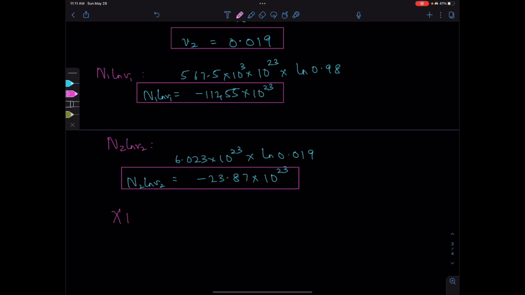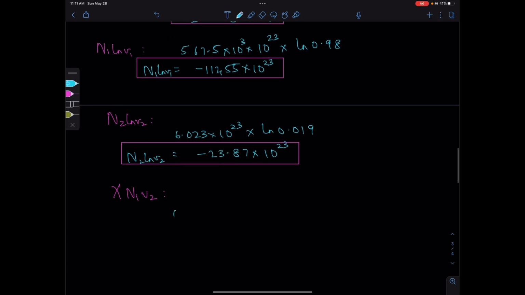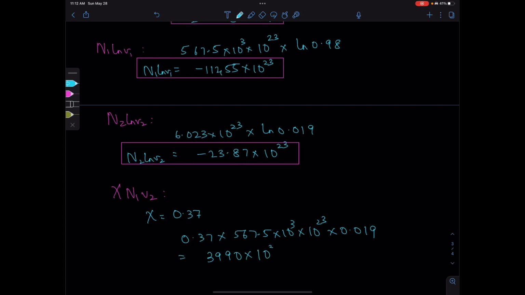Chi N1 V2: value of chi from the table is 0.37. So 0.37 times N1, which is 567.5 times 10 cubed times 10 to the 23, times V2, which is 0.019, and that is 3990 times 10 to the 23.